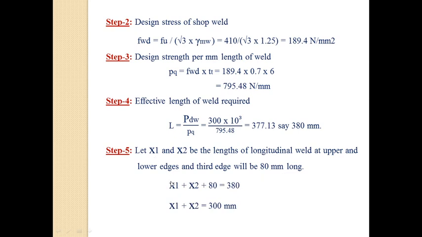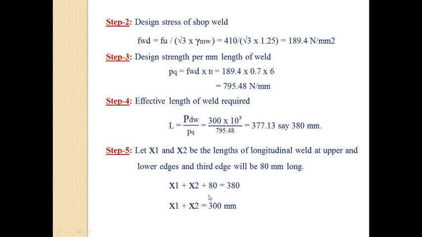So x1 is the longitudinal weld on upper side, and x2 is the longitudinal weld of lower side, that is lower edge, and third edge will be 80 mm, that is the size of that angle. So x1 plus x2 plus that 80 mm is equal to 380 mm. We have to provide the total 380 mm length of weld. So rearranging and solving it, we get x1 plus x2 is equal to 300 mm.